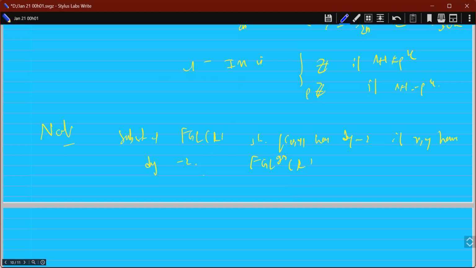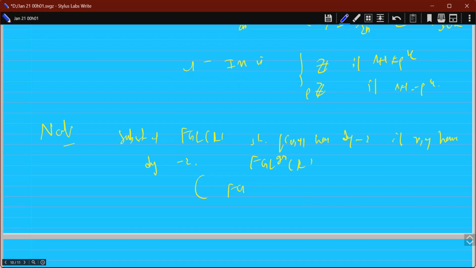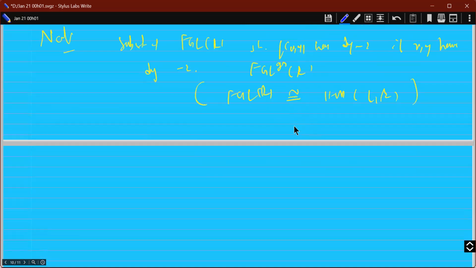Why do we say GR? Because there are corresponding homomorphisms that preserve the grading. To such elements we have homomorphisms that preserve the grading. So that's why we have this GR subscript.